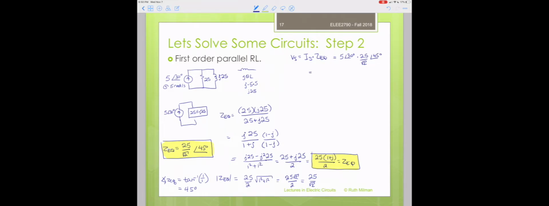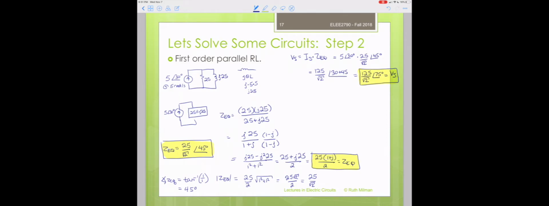We have 5 times 25 is 125 divided by the square root of 2 at an angle of, and remember that you multiply the magnitudes and you add the angles, so you have 30 plus 45, or 125 over root 2 at an angle of 75 degrees. That is the first of the 3 phasors that we need to calculate for the information that we don't already have.